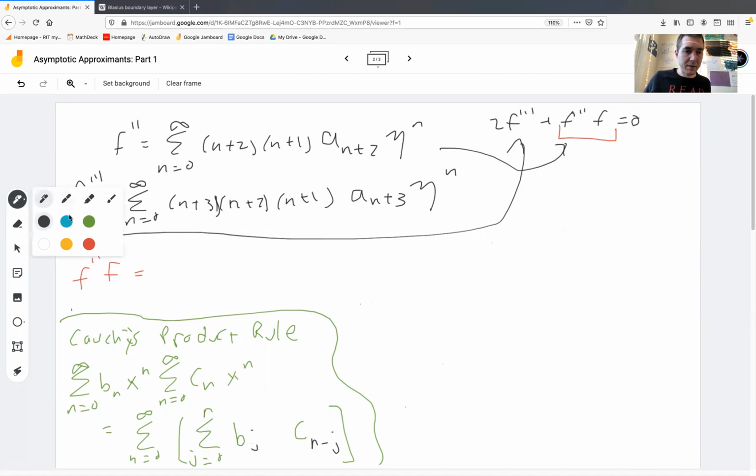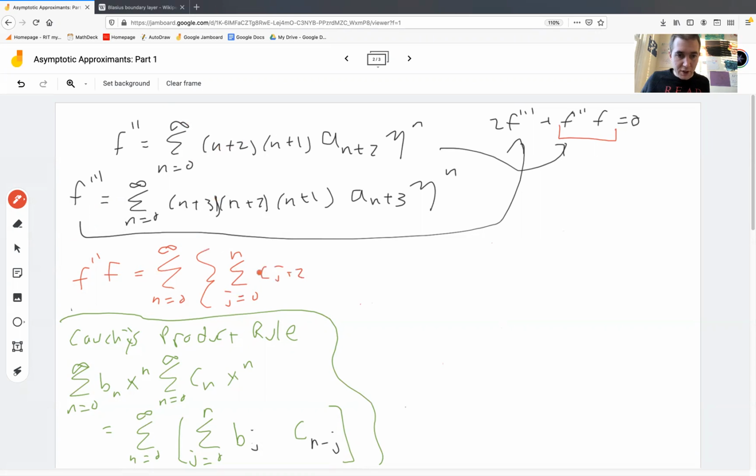Okay, following this formula here, we have the series going from 0 to infinity. And then we have a series going from j to n. And f double prime is right at the top of the page here. That's the one that was going to be evaluated at j. So we have j plus 2, j plus 1, a sub j plus 2.